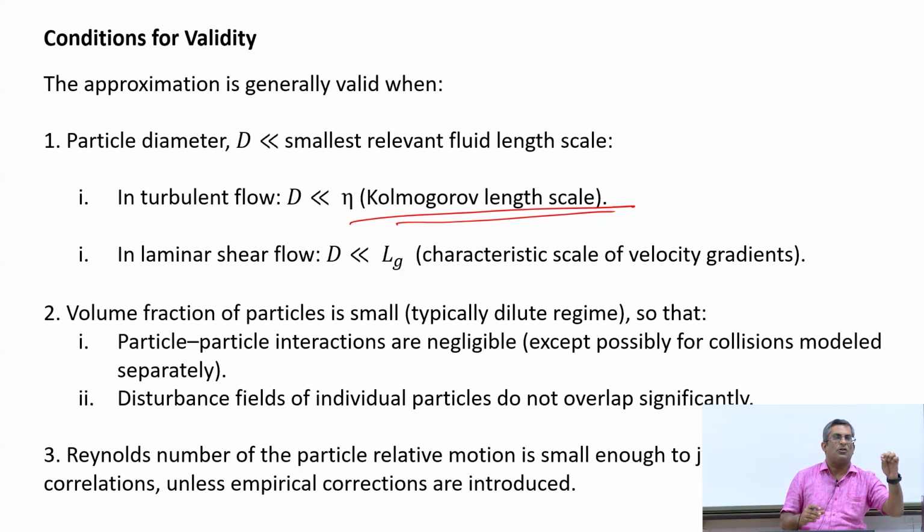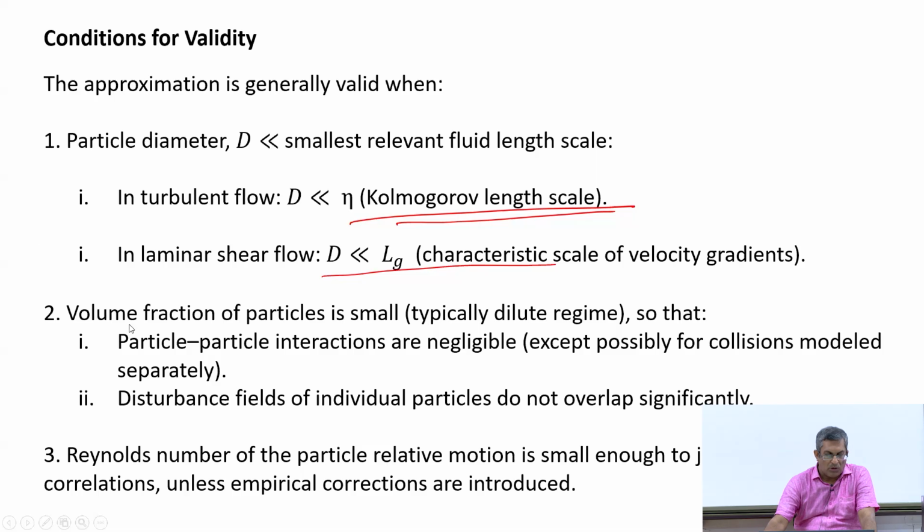So this assumption of point particle is valid when the particle size is smaller than the smallest length scale, that is the Kolmogorov scale. And if we have a laminar flow, then the particle size must be smaller than the characteristic scale for velocity gradient. This is the scale over which you have a strong velocity gradient. So the particle size is much smaller than that.